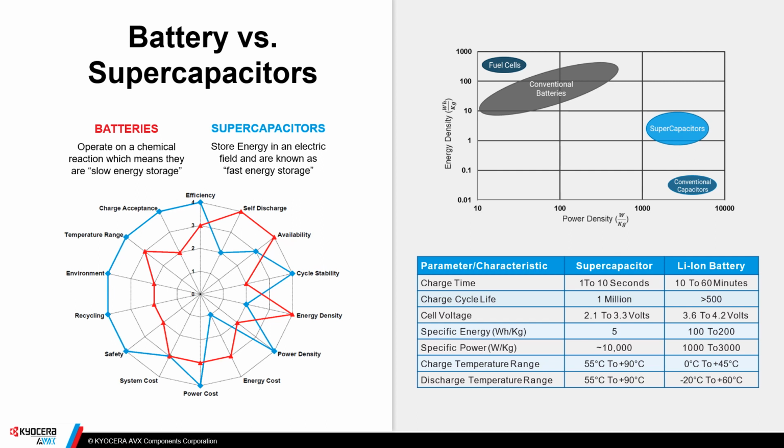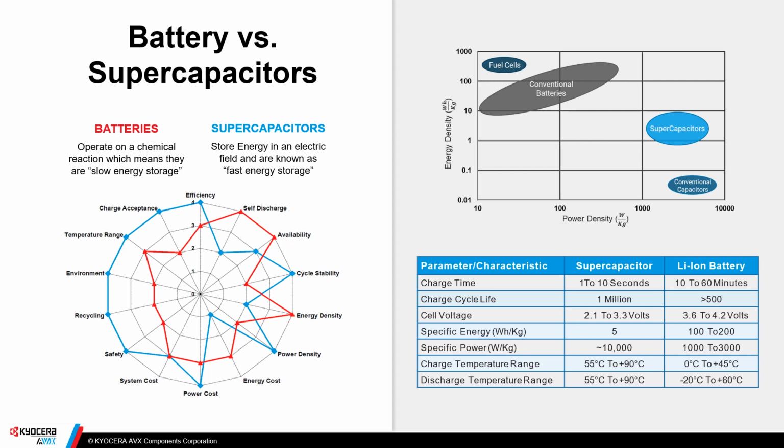Cell voltages are acceptable. The specific energies are less than that of a lithium ion, which makes sense, as we've talked about previously. Specific powers, we beat the batteries dramatically. And both the charge temperature range and the discharge temperature range look very attractive for supercaps.